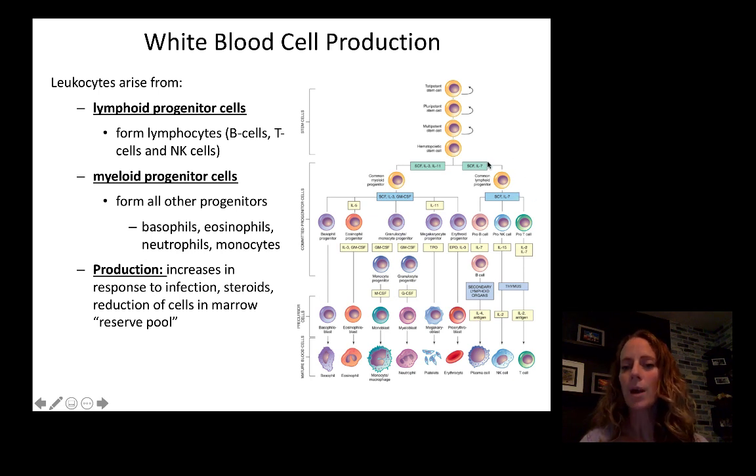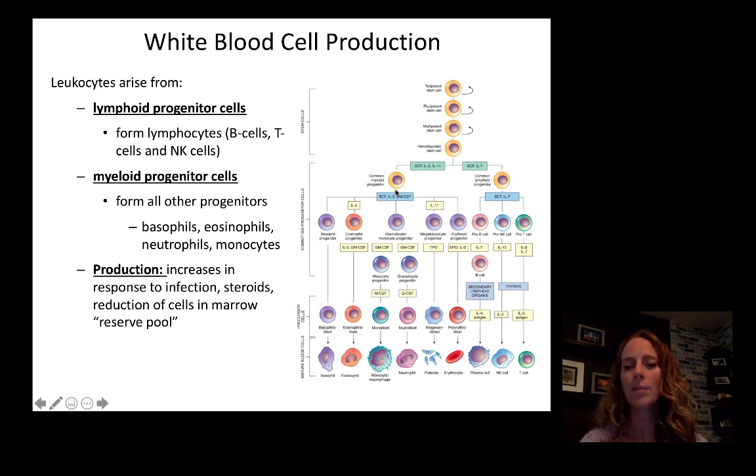So the lymphoid progenitor cells ultimately give rise to the lymphocytes, the B cells and the T cells, which are going to be very important to understand for your immune system lecture. They also give rise to the natural killer cells and the plasma cells, which are again important in the immune system.